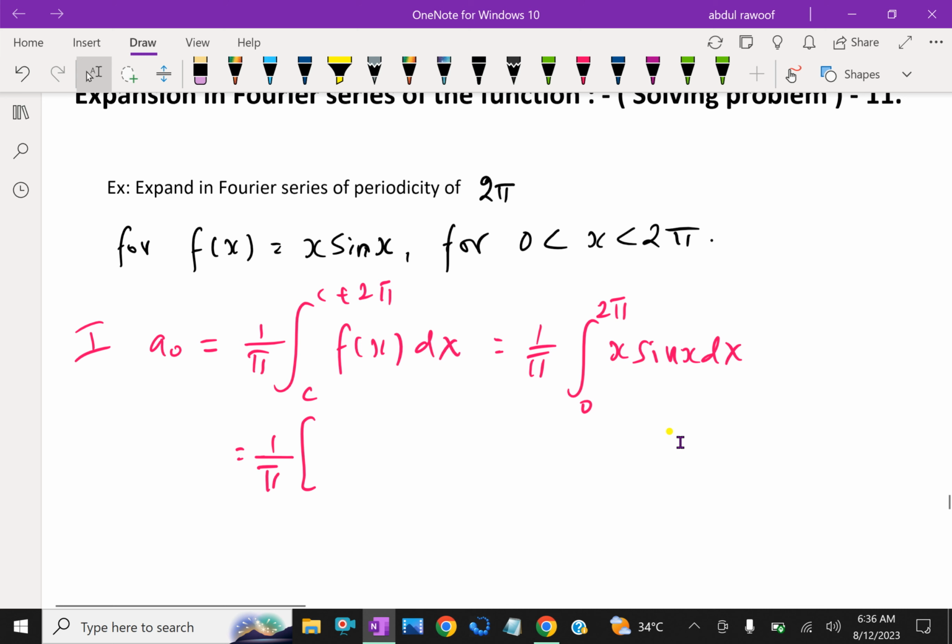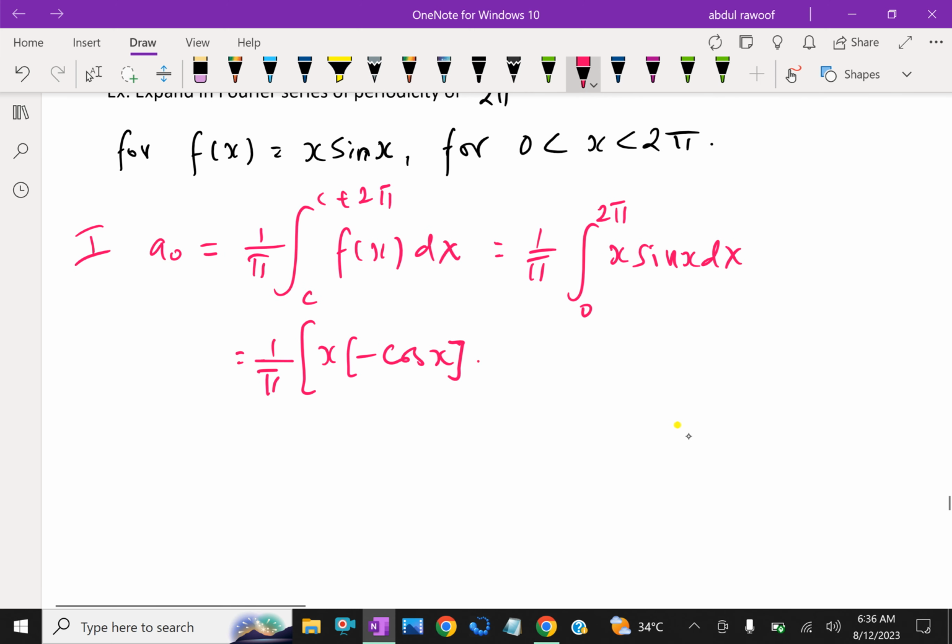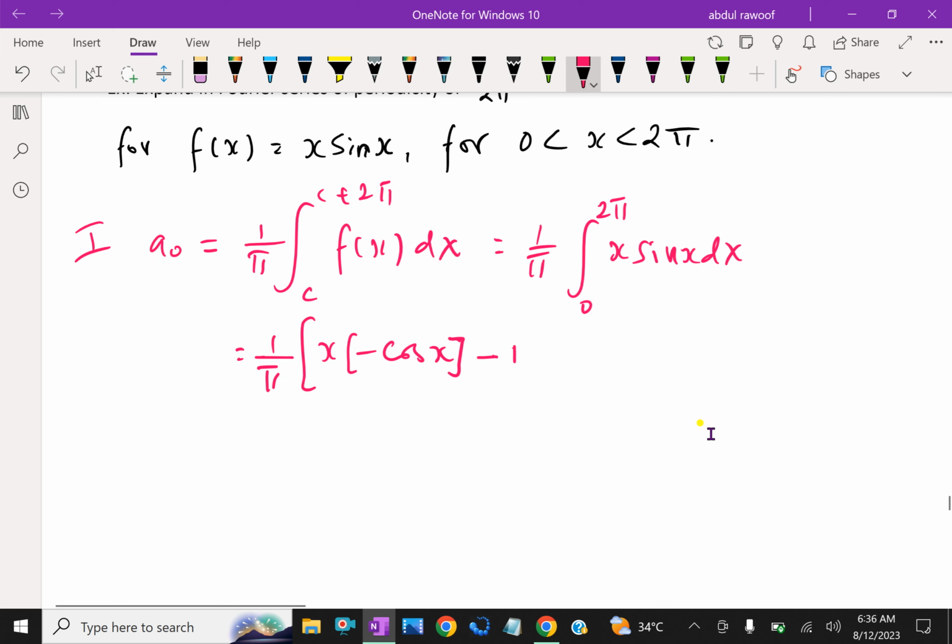First function, x, times the integral of sin x, which is minus cos x, minus the integral of the differential of the first, which is 1, times the integral of sin x, so minus the integral of minus cos x, which gives minus sin x, from 0 to 2 pi.